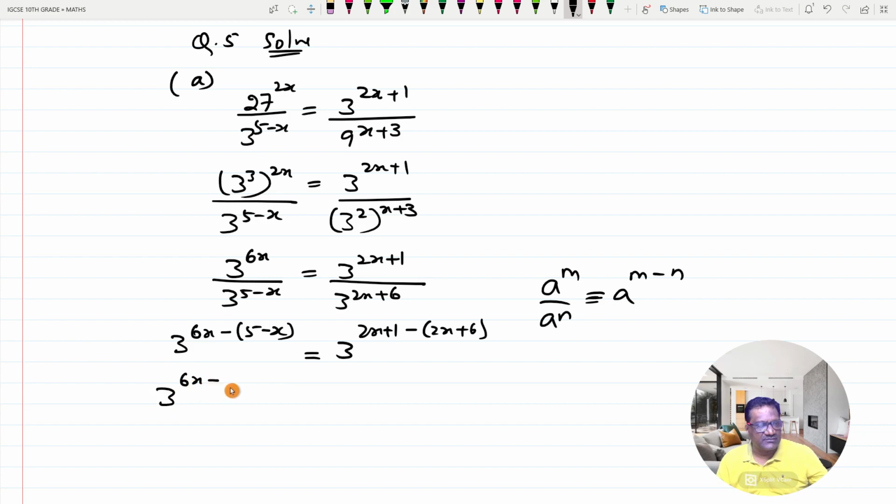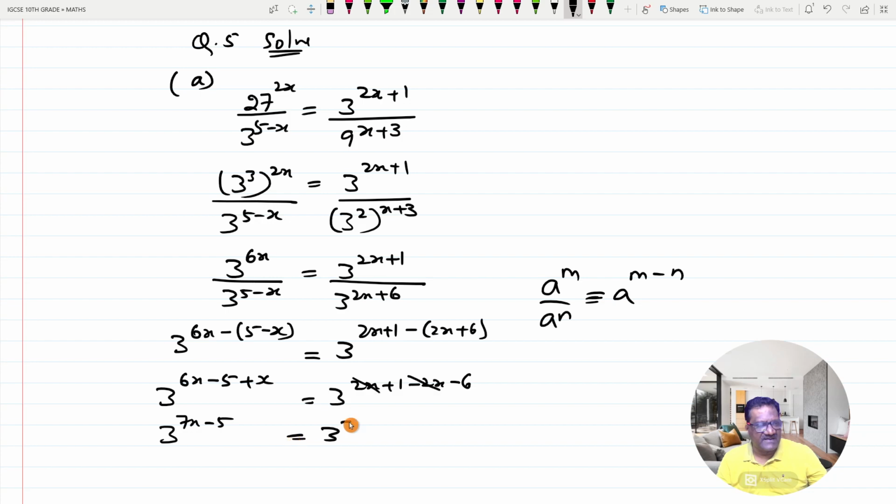So when I open the bracket, this will be minus 5, this will be plus x. And here same way it will be 3 raised to 2x plus 1 minus 2x minus 6. Now this will work out further to 3 raised to 6x plus x is 7x and then minus 5. And this will be 3 raised to 2x minus 2x is gone and 1 minus 6 is minus 5, right?